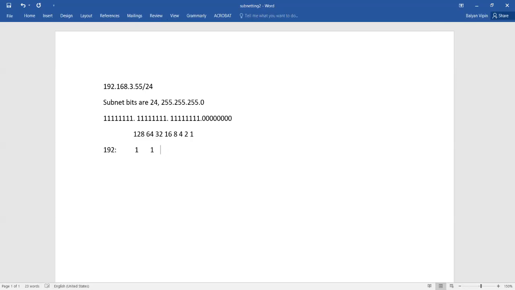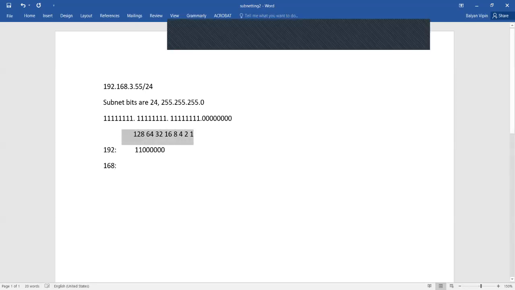I can just write them directly like this: the first two bits are 1, 1, and the remaining six are zeros. This is the representation of 192. Now 168.